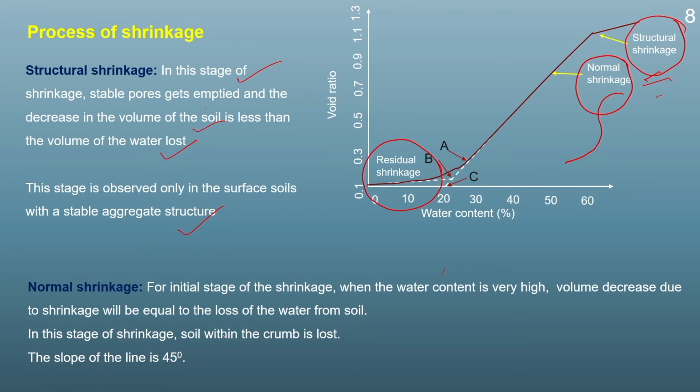But for clay soil, this is negligible as the bonding among the slurry clay particles is low and stable pores will not be developed. The structural shrinkage will be followed by the normal shrinkage. In normal shrinkage, a large amount of shrinkage takes place. Normal shrinkage is more responsible for the shrinkage phenomena of the soil.